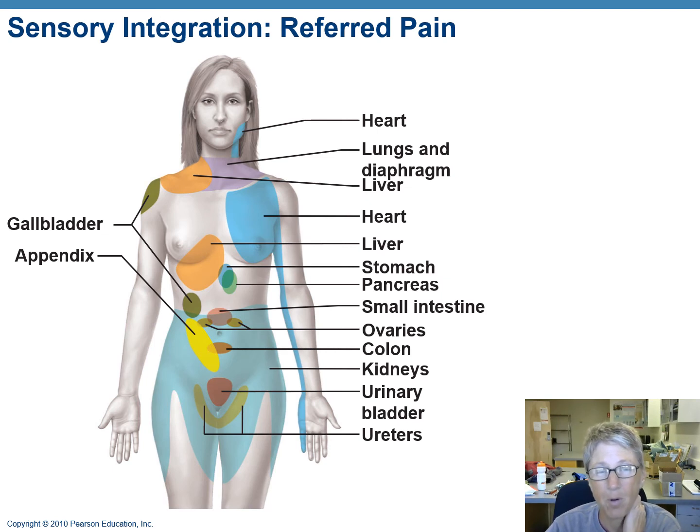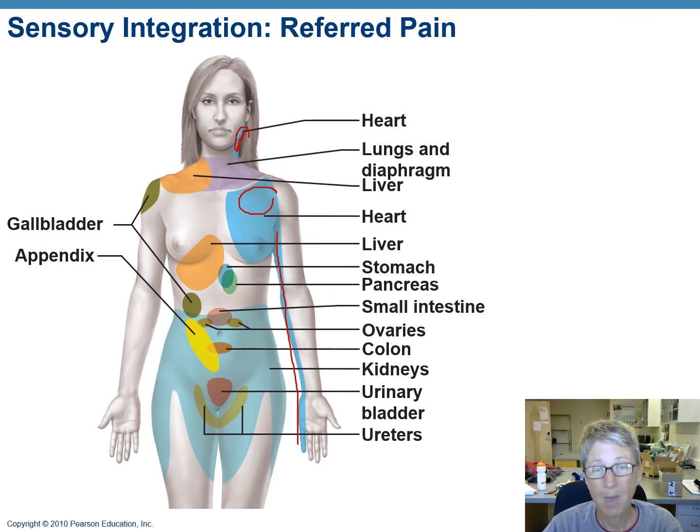Referred pain, everybody's probably heard of that. If you're having a heart attack, then that pain can be referred, in this cartoon, to your left chest, basically the left side of your body. So your jaw and neck and your chest and down your left arm, you can refer heart pain to those areas. Let's see what else is kind of interesting.